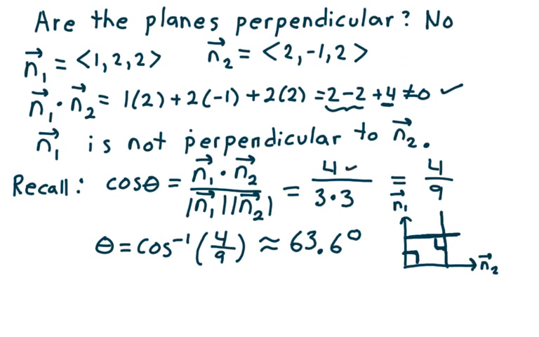The length of n1 is equal to 3. The length of n2 is equal to 3, so the denominator should be 3 times 3. But that says cosine of theta is equal to 4/9. And so theta is the inverse cosine of 4/9, which is approximately equal to 63.6 degrees.